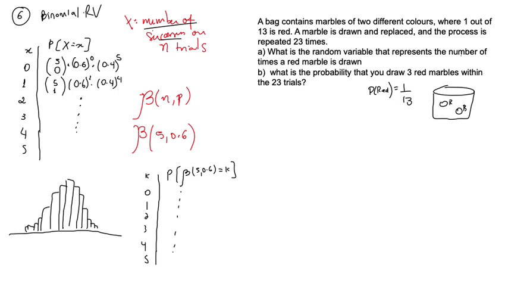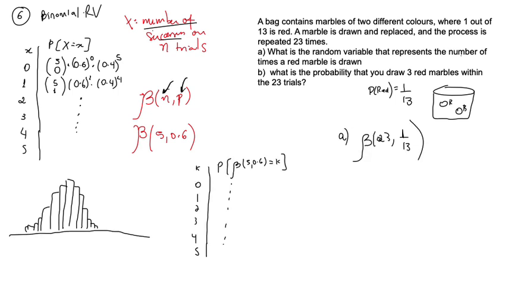Well, it's a binomial random variable in 23 trials with a chance of success, and red is the success, 1 over 13. That's the answer. This was worth 1 mark.